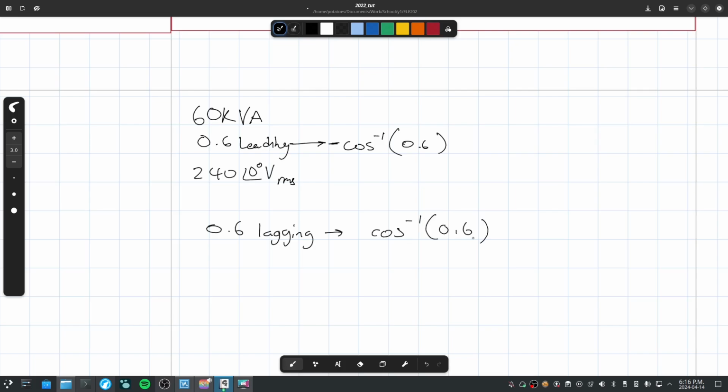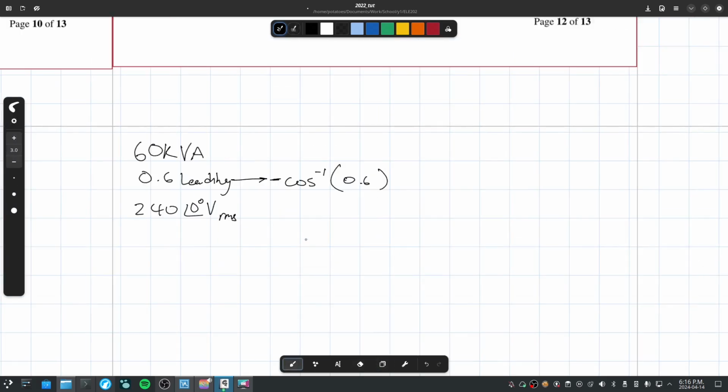Like this. That's lagging, this is leading. And if you do that, negative cosine inverse of 0.6 is negative 53.13 degrees. So let's construct our power triangle here.